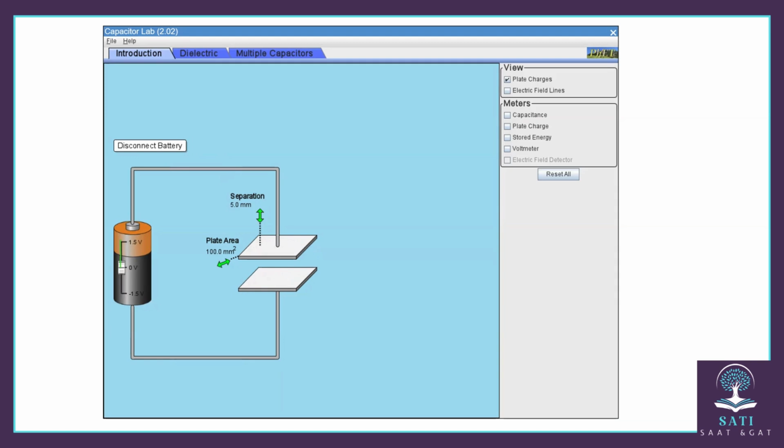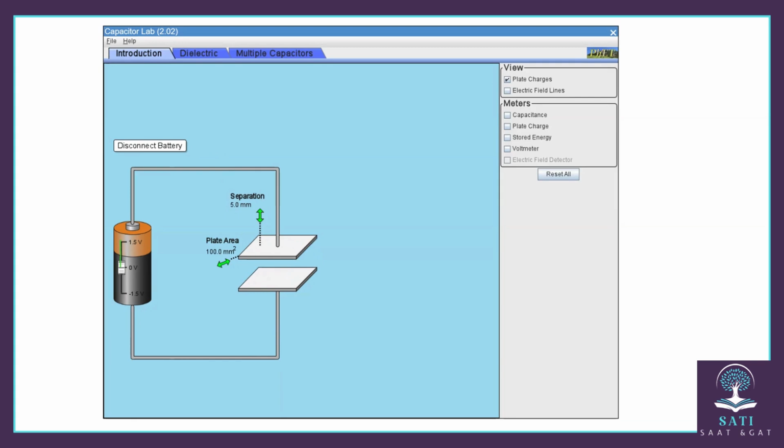Now we need to understand how many charges these two plates, which make the capacitor, can store, and what the factors are that affect the capacity.